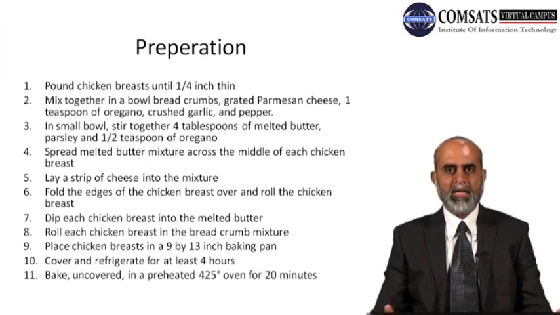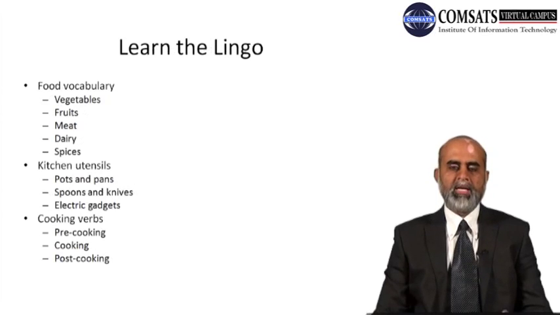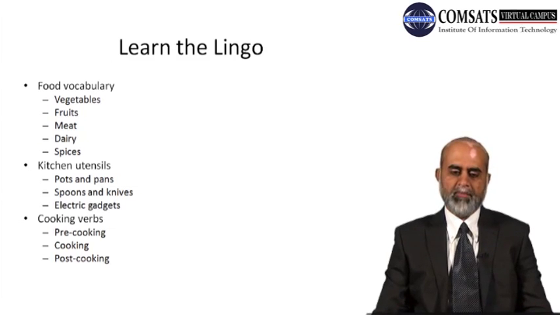So we are learning how to cook chicken Kiev, and in the meantime we are also learning how to write instructions properly. Okay, but in order to write a recipe, you first need to learn the lingo. Lingo means language. So you need to learn the language which is related with food and cooking.